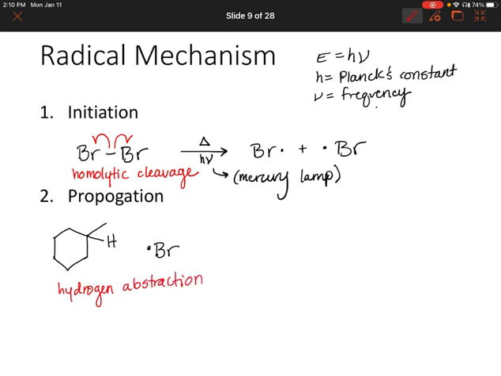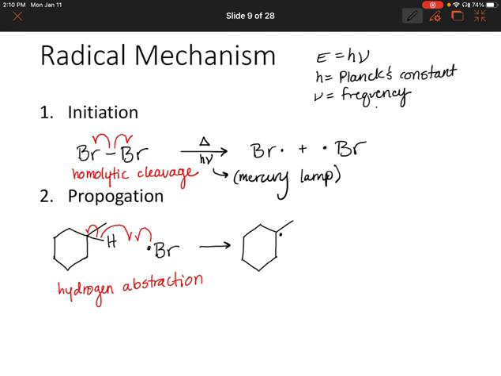Okay, so this single electron is going to pair up with one of the electrons from our covalent bond to hydrogen. And then the other electron in that covalent bond is going on to that tertiary carbon. All right, so we've created a whole new radical here, a carbon radical.